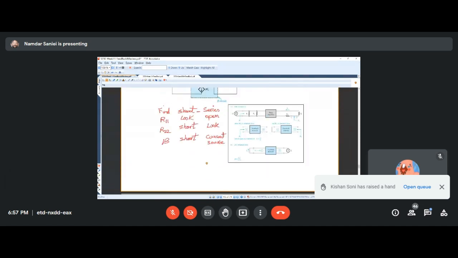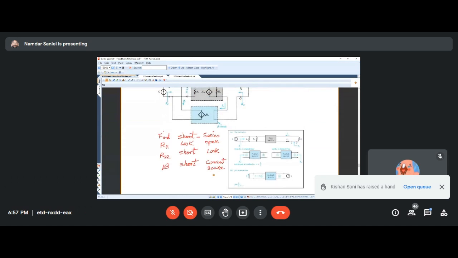Right? So if you remember this, you don't really need to know the nature of this feedback network in terms of the two-port network. You just perform whatever this guides you to. Keep this open or keep this short, and you can mechanically find whatever you're looking for that way.